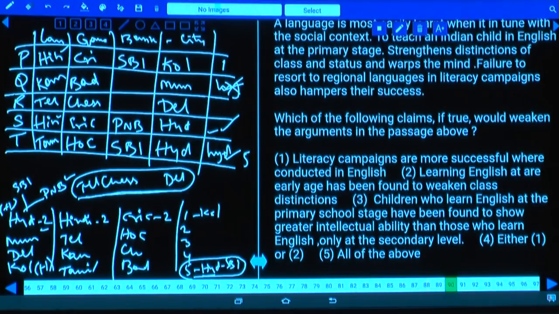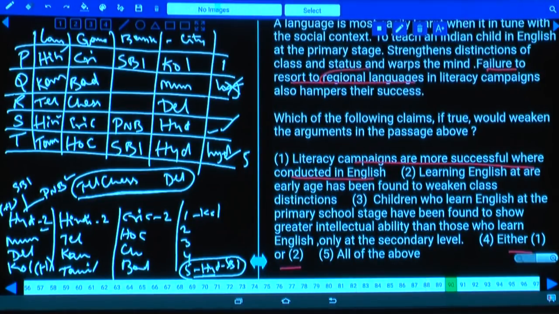Fourth one, what is the fourth one here? Literacy campaigns are more successful when conducted in English. Are they successful here? Failure to resort to regional languages. Without the regional languages, literacy campaigns hamper their success. That means the literacy campaigns conducted in other languages, without the local languages, what happens here?